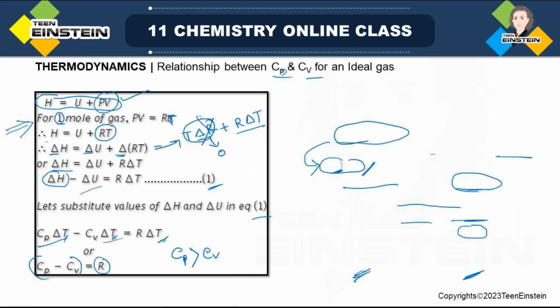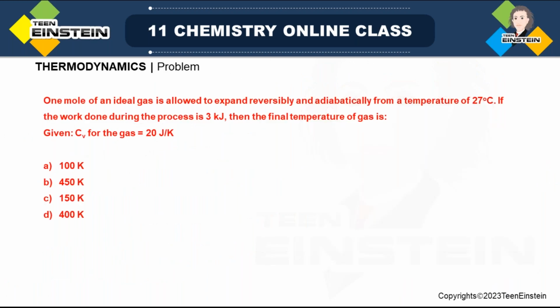Next problem we will go. 1 mole of an ideal gas, that means here n value is 1, expansion, reversible, adiabatic, from a temperature of 27 degrees centigrade.